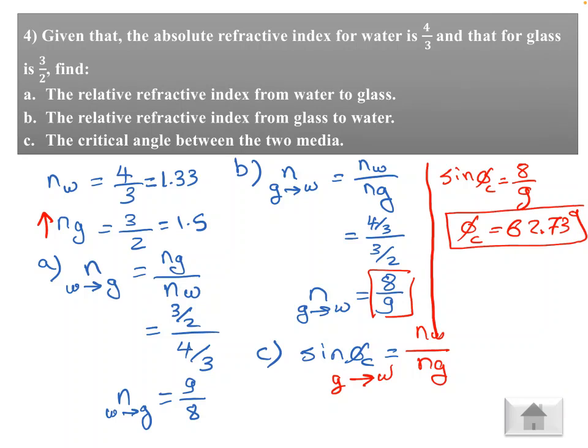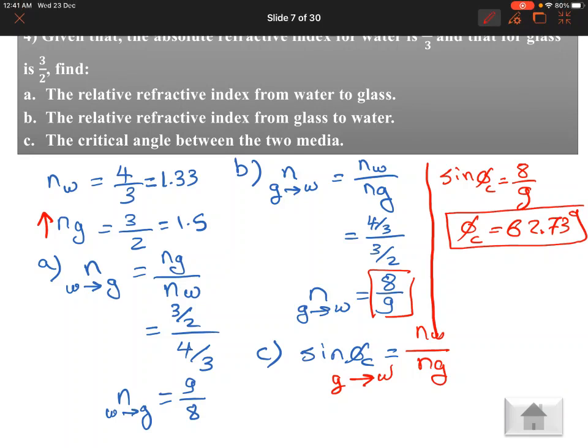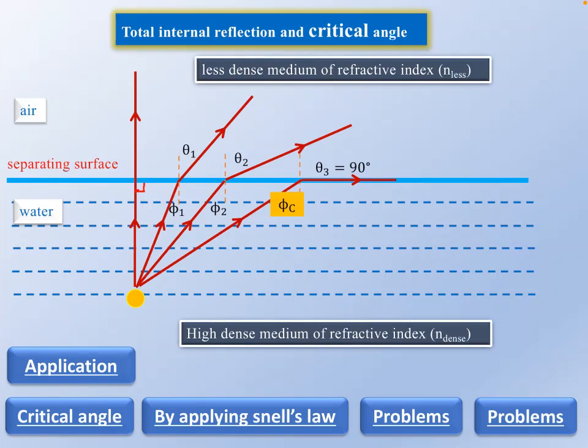This is about all the rules about the critical angle. To understand total internal reflection, this is when the angle of incidence is greater than the critical angle. Look at phi 4 greater than phi c.